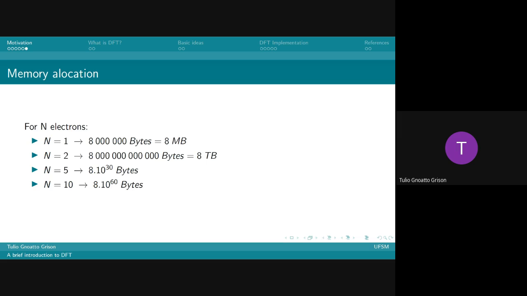The memory required just to store this data will be about 80 megabytes for a one electron system, which is a good result because we could easily manage with the existing storage capacity. For a system with 2 electrons now, you will need 80 terabytes just to store the wave function data.